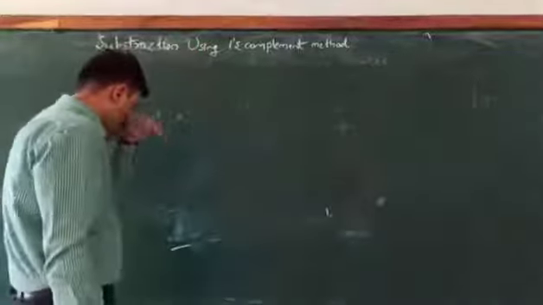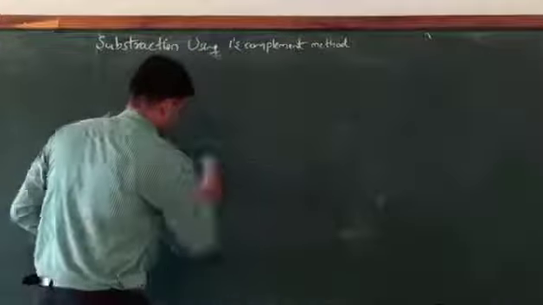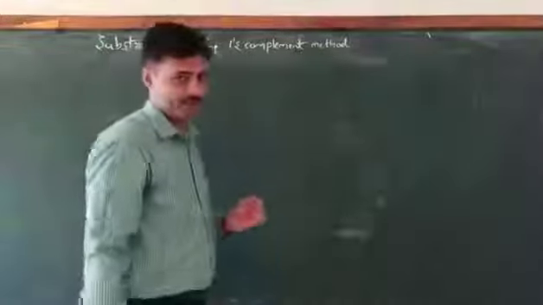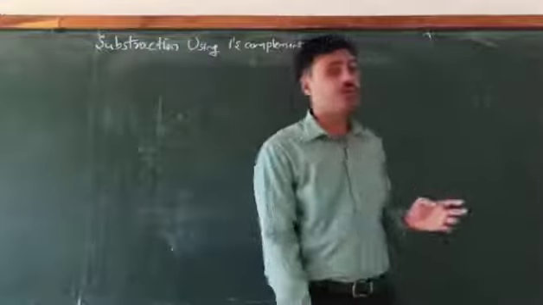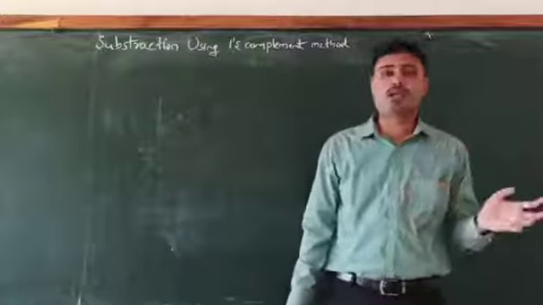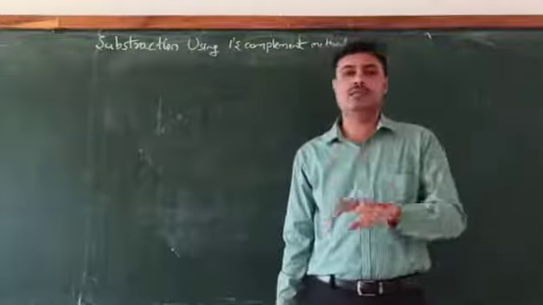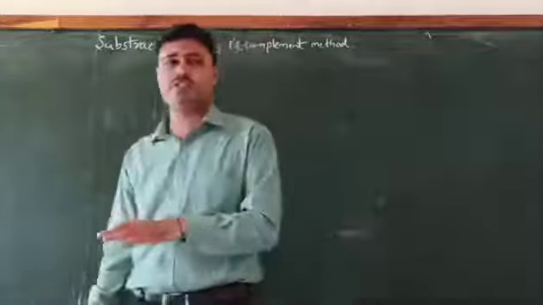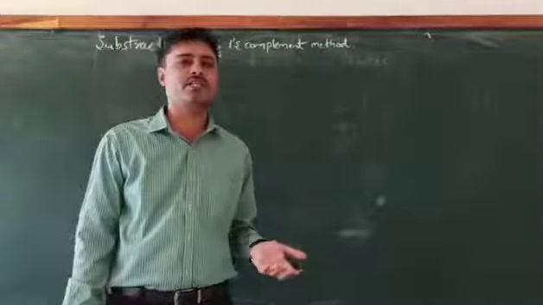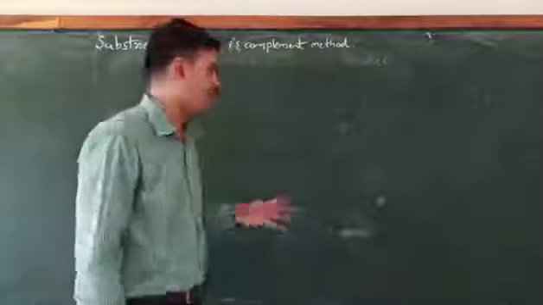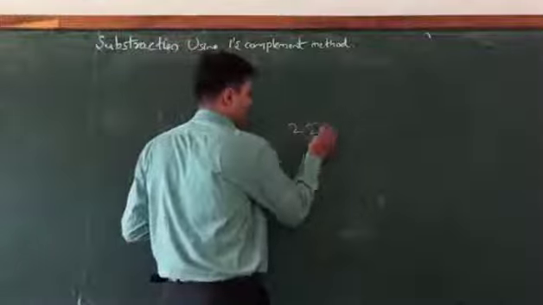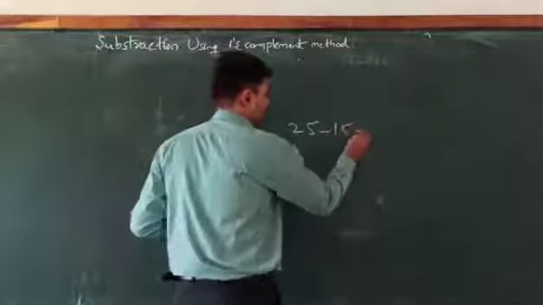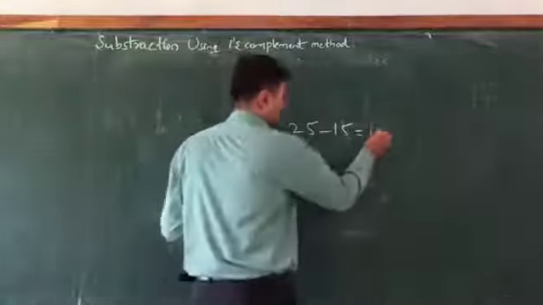Okay, in subtractions there are two types. That is, we need to subtract a smaller number from a larger number and a larger number from a smaller number. That is, 25 minus 15 is also a subtraction, 15 minus 25 is also a subtraction. If we see your normal subtraction, 25 minus 15, the answer will be 10 here.